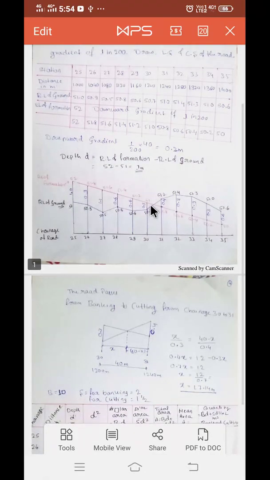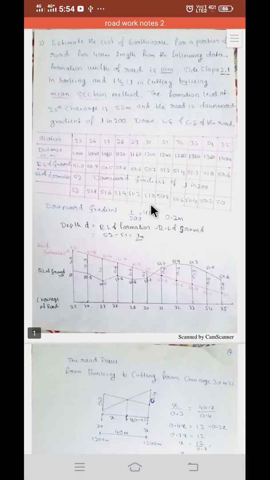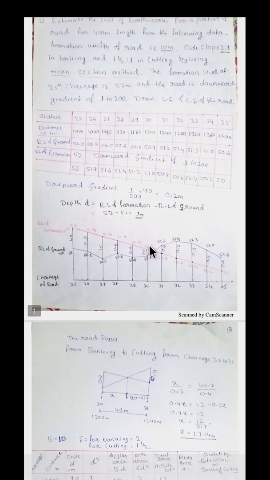Where exactly it is zero here, that we should check. At 30th chainage we are having a filling with the depth of 0.3.